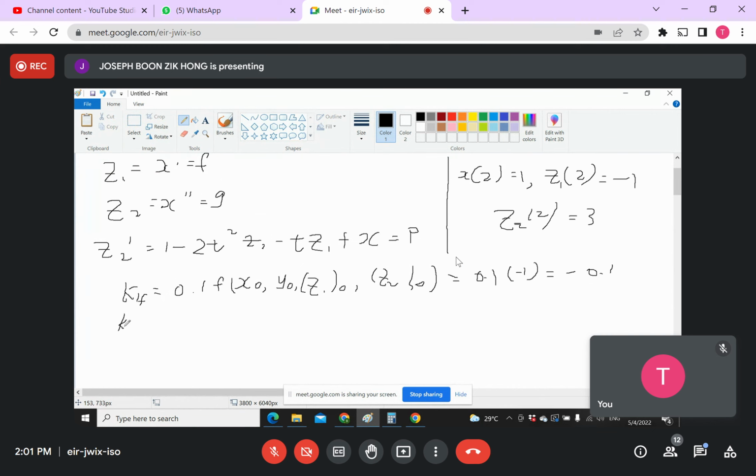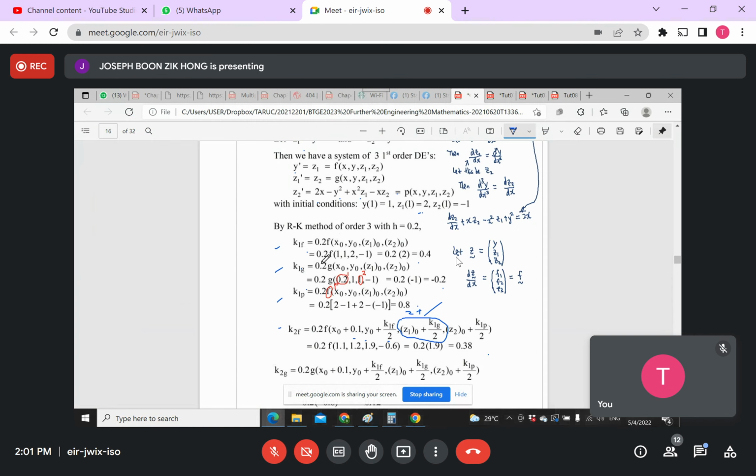And then K1G. Okay, it will be 0.1. We refer back to the formula again. It is the same thing, that means this one doesn't change.